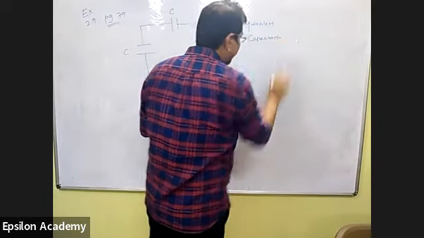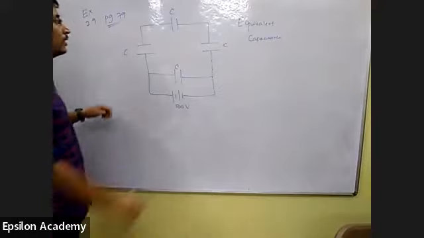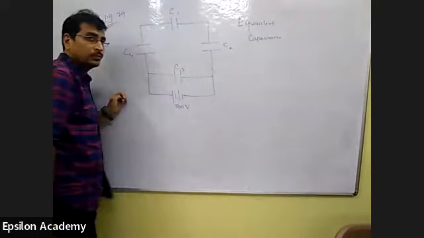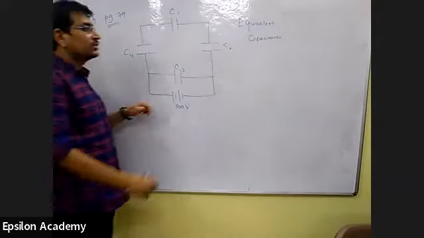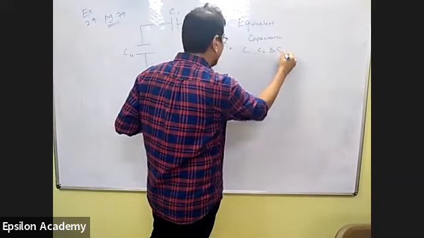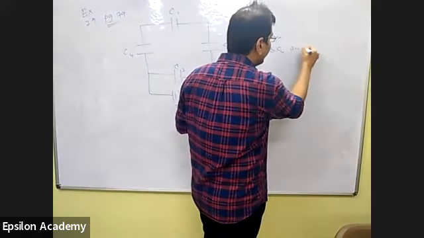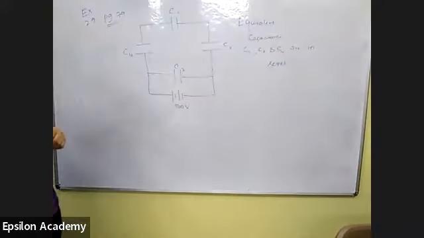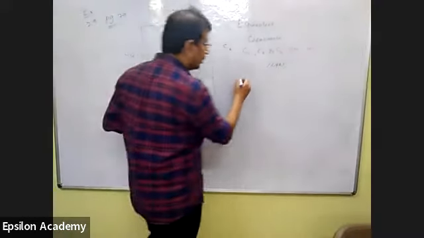For the sake of equivalent capacitance, we label them as C1, C2, C3 and C4. Can I say C1, C2 and C4 are in series? Right? So what is CS here?